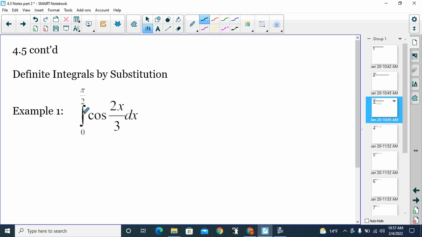So here we are asked to integrate from 0 to pi over 2 of cosine 2x over 3 dx. We're going to make u equal to 2x over 3, which is the same thing as 2/3 x. So my du would be 2/3 dx.